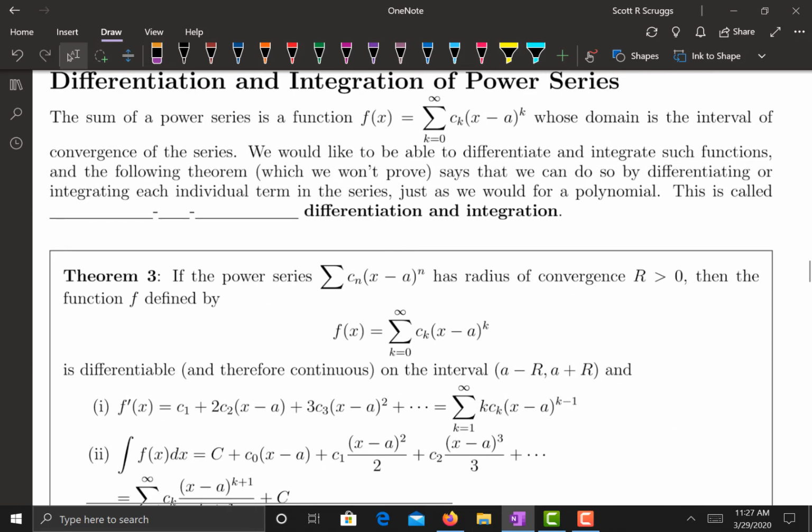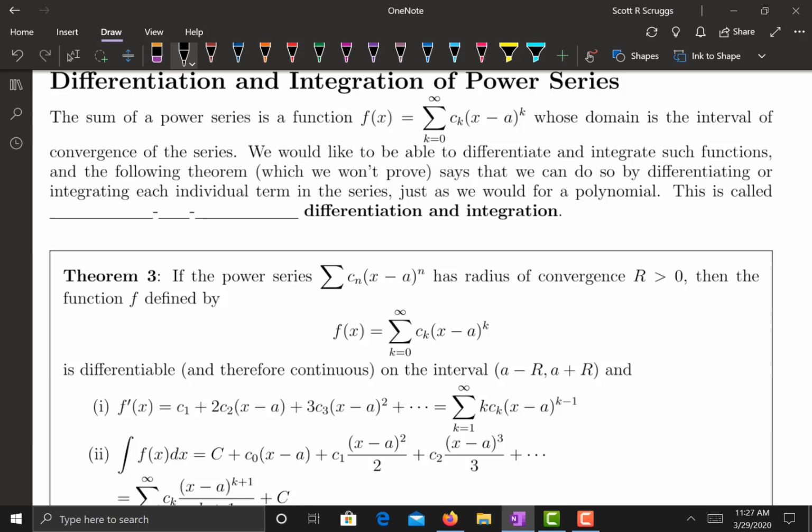Now let's talk about a very powerful property of power series, and that is taking the derivative and the integral of power series. And here's why this becomes powerful.